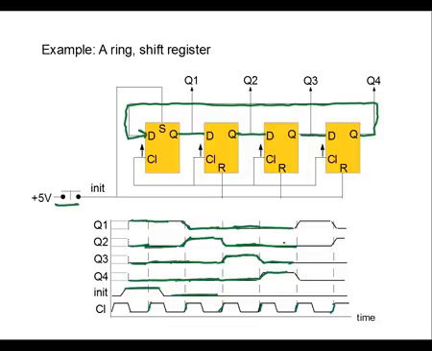Then we continue along there until this happens. What happens to Q1 right up in here? Q1 rises to 1 because Q4 was 1. Q2 is going to stay down because Q1 was down. Q3 stays down, and Q4 drops down here because Q3 was down.